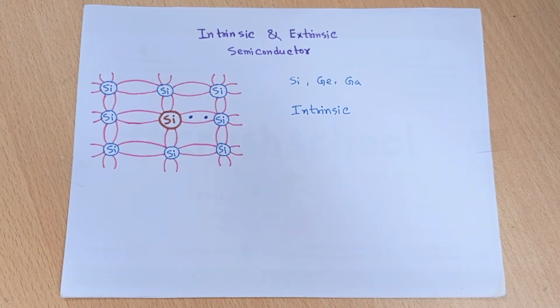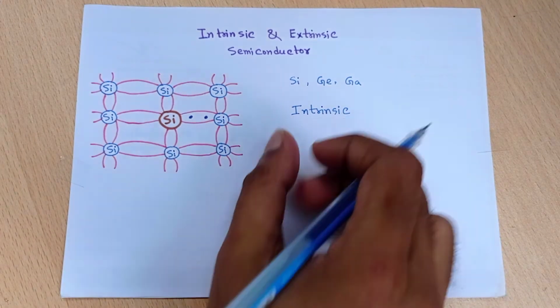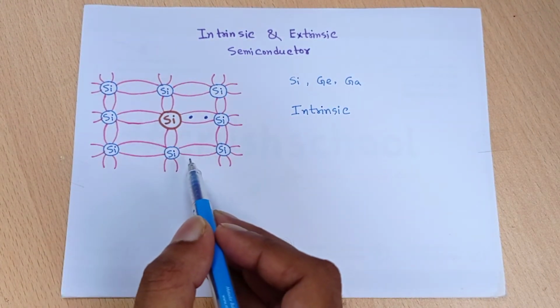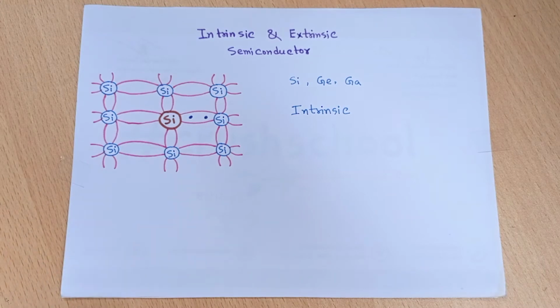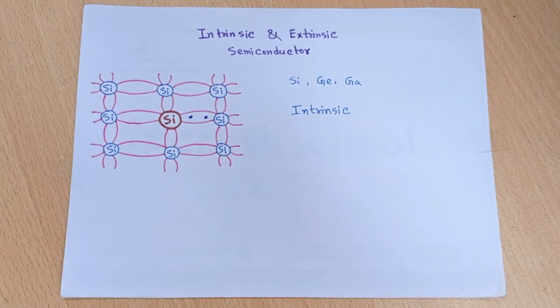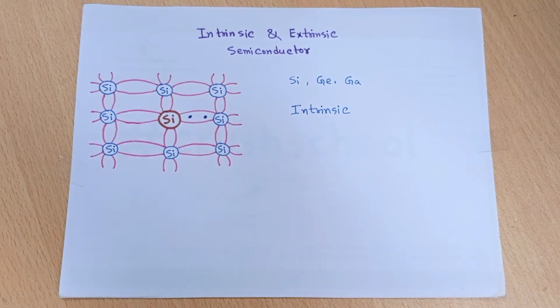And there is a very good example of an intrinsic semiconductor, which is silicon. So here I draw a structure of the silicon lattice. You may see that the silicon atoms are connected to each other by covalent bonds.